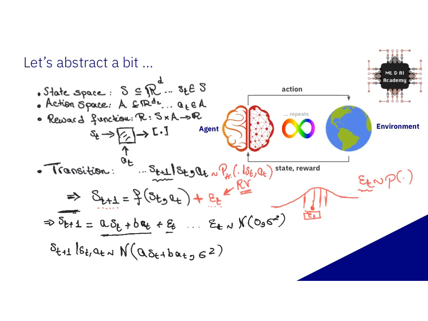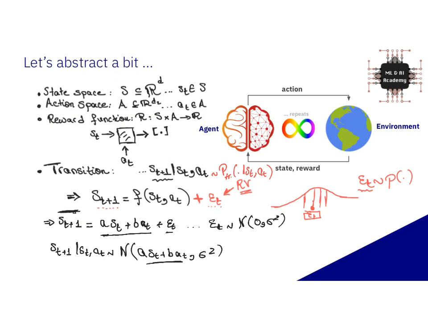We'll derive this later in the lecture. But now this is interesting to understand. So what this is saying is that if your noise was Gaussian, okay, then your successor state st plus 1, conditioned on st and at, will also be a Gaussian, and it has a mean around a st plus b at, and it has some sigma squared variance.